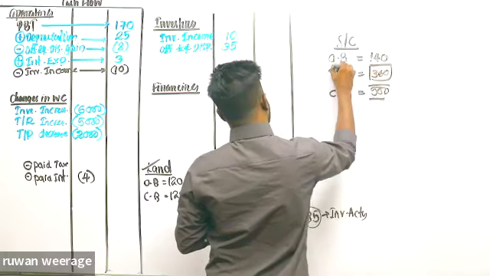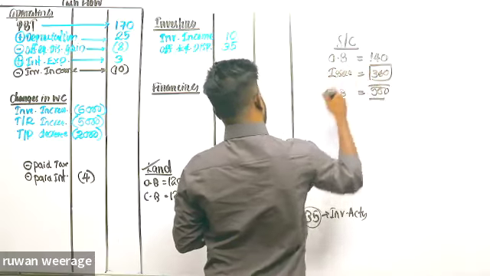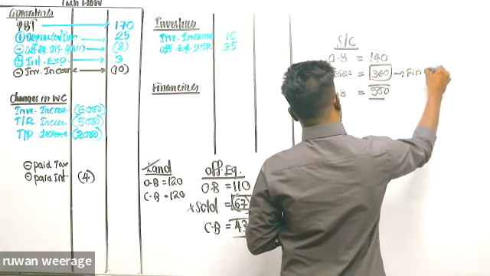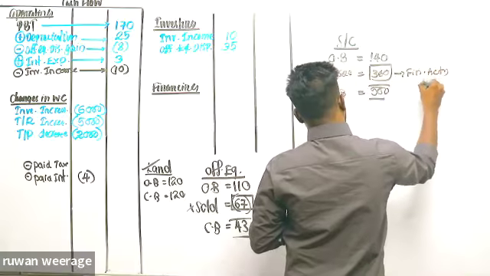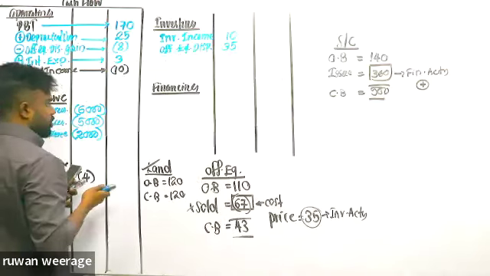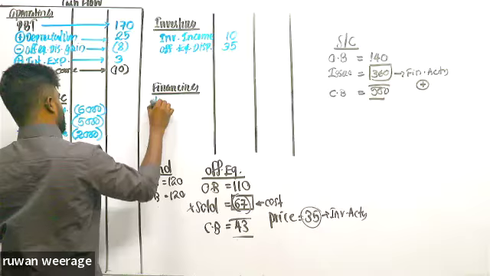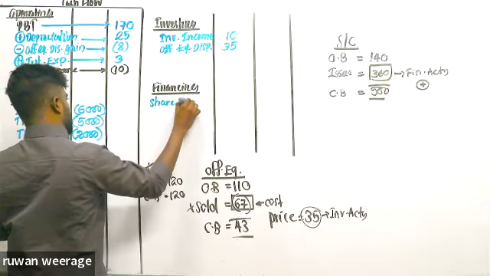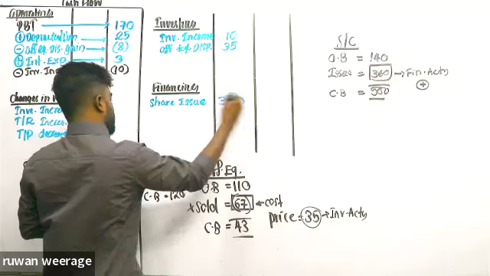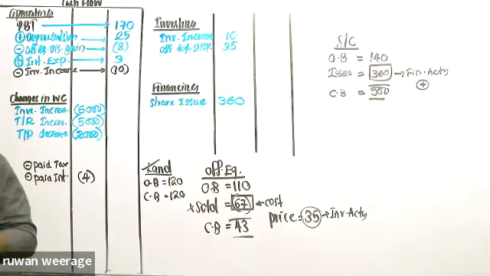Definitely share issues during the period. Share issues. What's the activity? Financial activity. Cash inflow. Share issues 360. Clear?